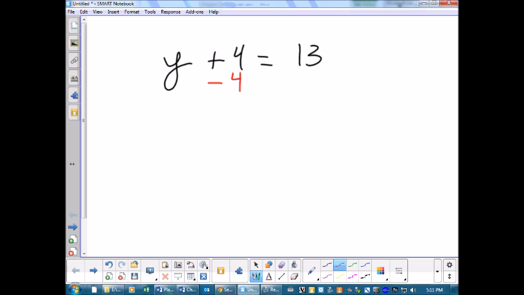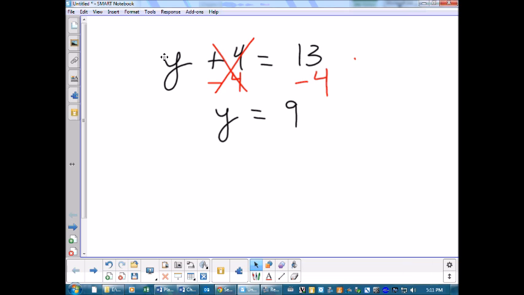But if we do it on the left-hand side of the equation, what do we have to do over here? We have to do the same thing. We have to subtract 4 over there. That keeps everything balanced. So these two will cancel out, right? And you're left with just the y over here equals 13 take away 4 is 9. Okay, pause the video and just look at that for a second until it makes some sense.